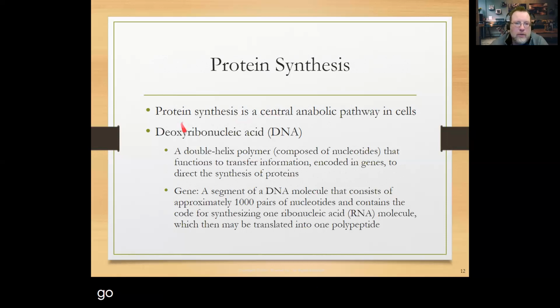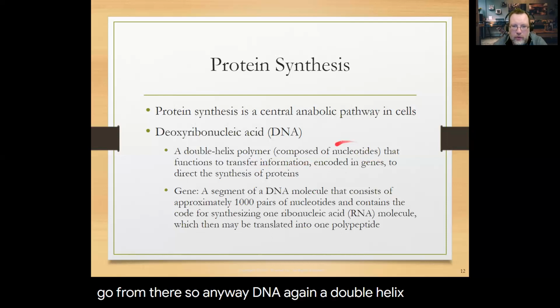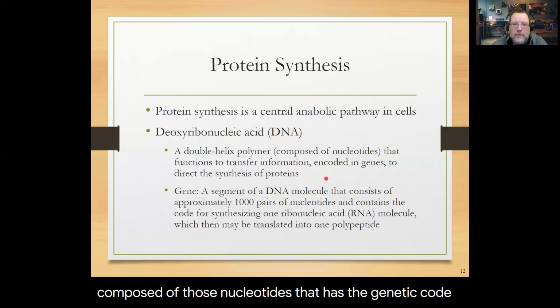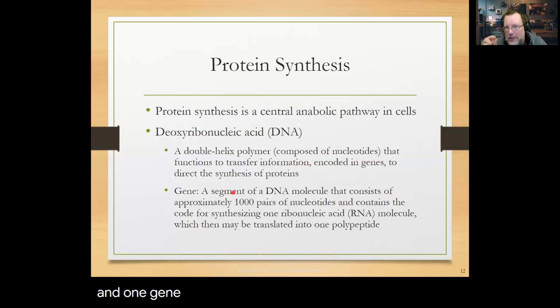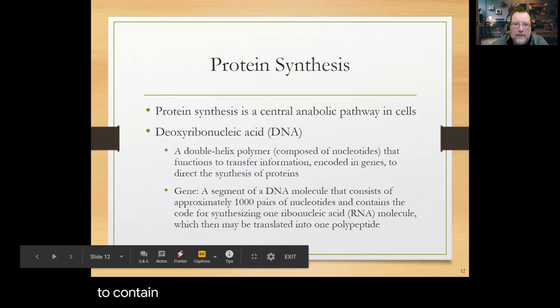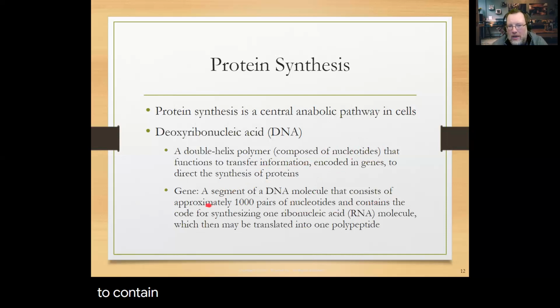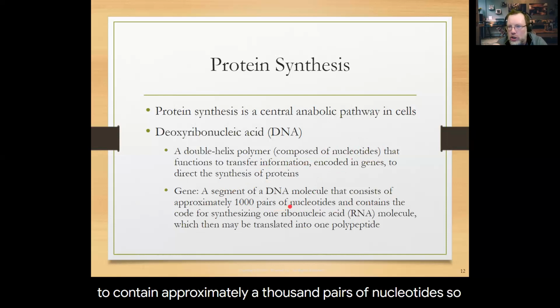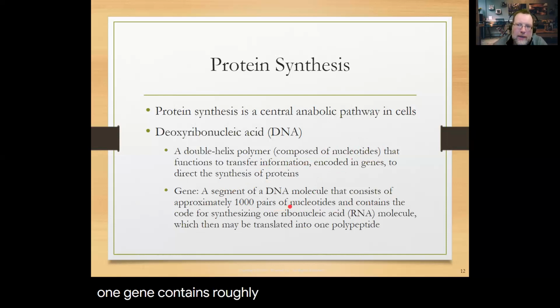So anyway, DNA, again, a double helix composed of those nucleotides that has the genetic code. And one gene is going to be a segment of DNA that's going to contain approximately 1,000 pairs of nucleotides. So one gene contains roughly 1,000 base pairs.